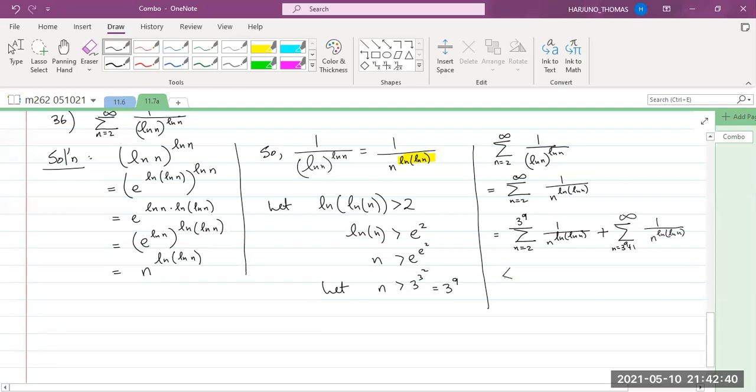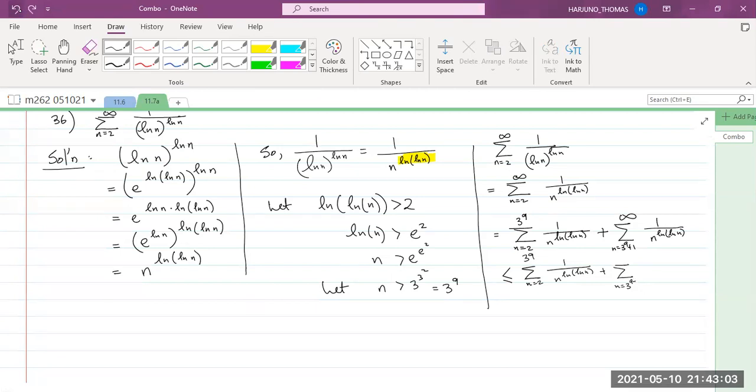But this guy will be bounded above by, basically I change it into a p series, 1 over n squared.